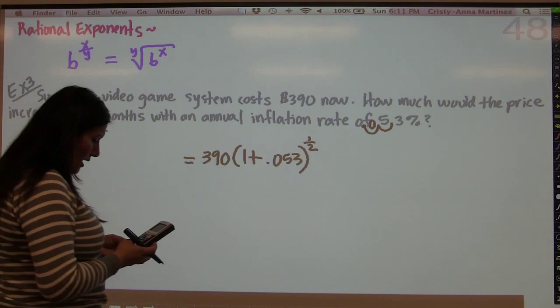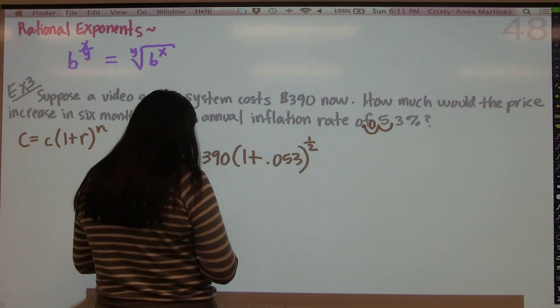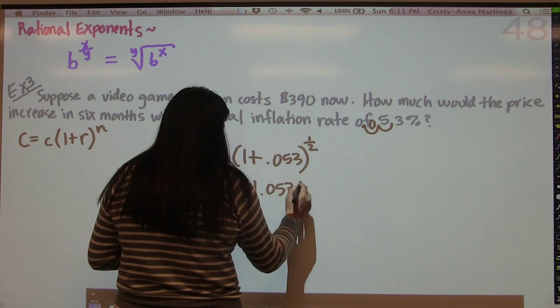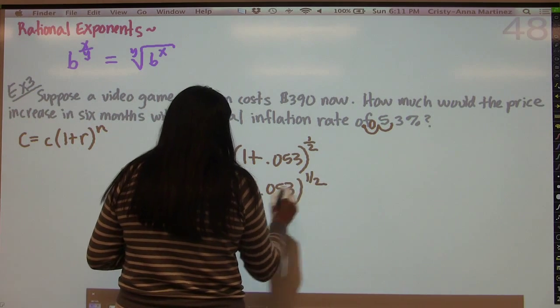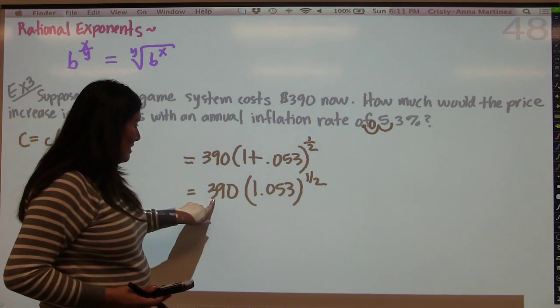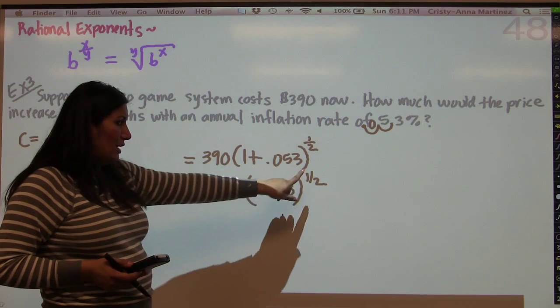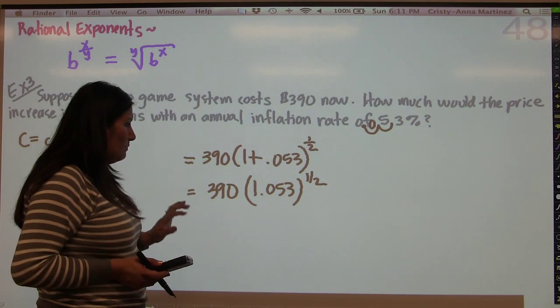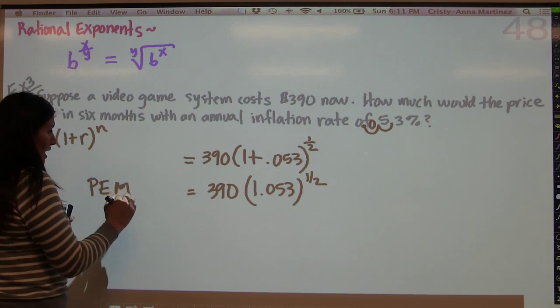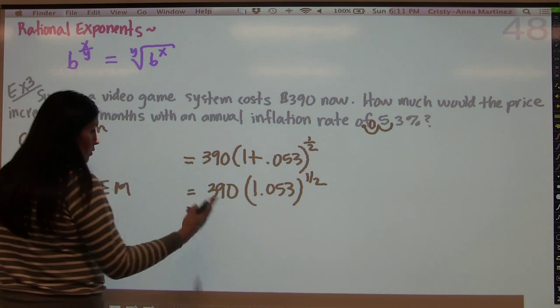So we're going to go 1 plus 0.053, which is 1.053, to the 1/2 power. You want to be really careful here. A lot of times people will multiply 390 times 1.053 and then raise it to the 1/2 power, but that's not correct. PEMDAS says to do exponents first and then multiply, so multiplying first would be the wrong thing to do.